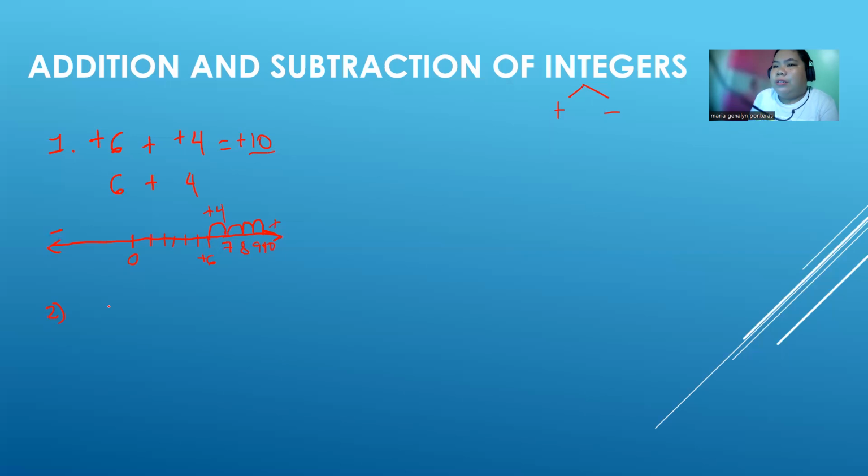And we have negative 6 plus negative 4. We're going to draw a number line. So this would be 0, 1, 2, 3, 4, 5, 6. So negative 6. Since we have negative 4, you jump 4 units from negative 6 to the left.